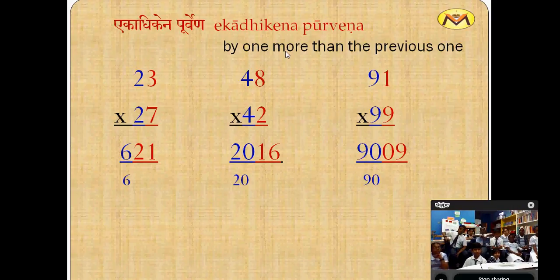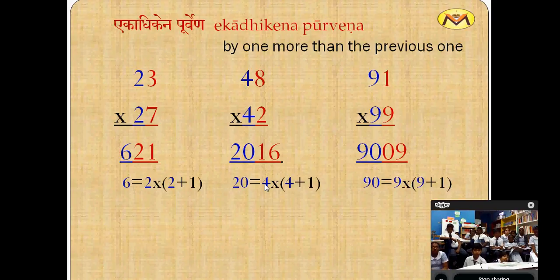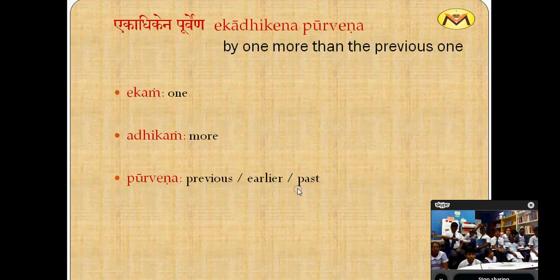Adhik means more, and purvena means previous. So what it means is, this is the last digit, the ones place, so this is the previous digit, so you take one more than the previous digit. So what is one more than 4? It is 5. So that means you have to multiply 4 times 1 more than 4, that is 4 times 5, which is 20.